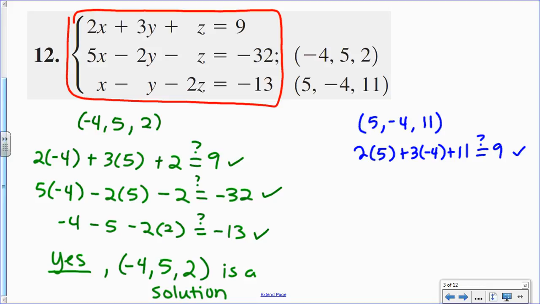Yes. Does this one equal negative 32? No. So I can stop there. I don't even need to check the third one. Not a solution.